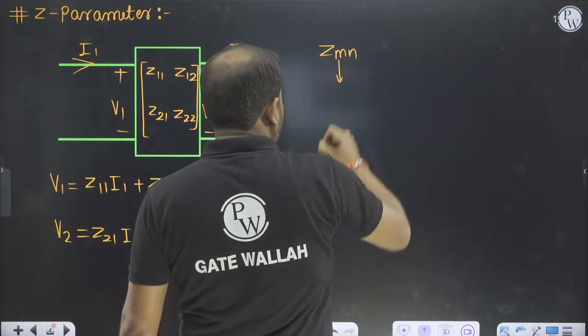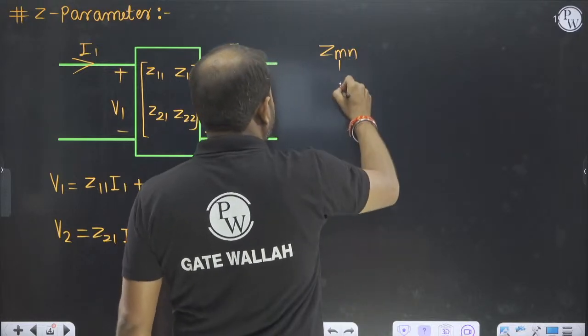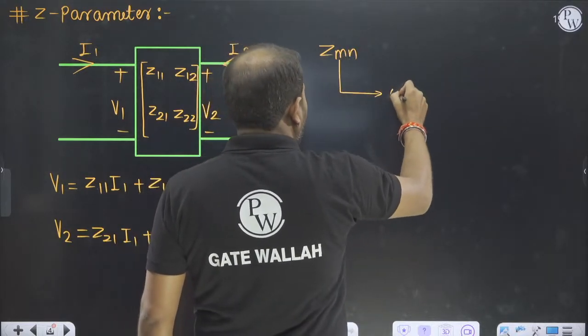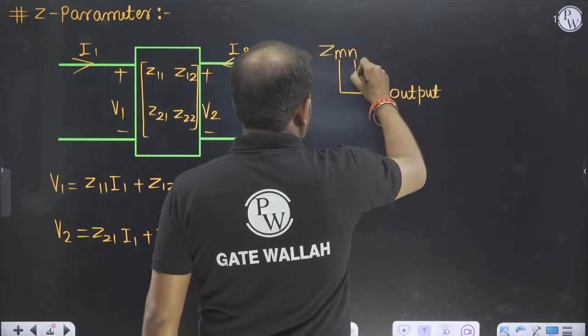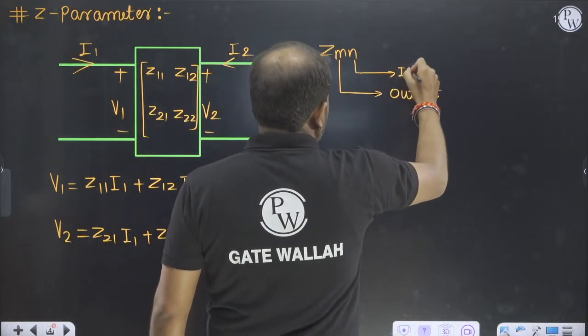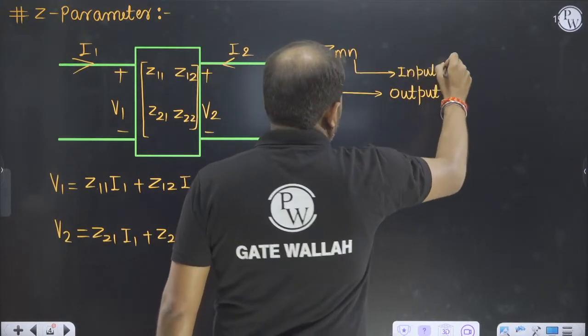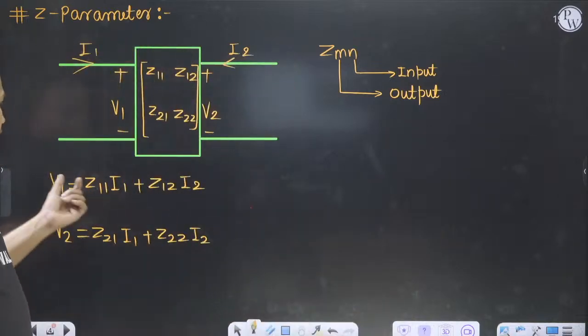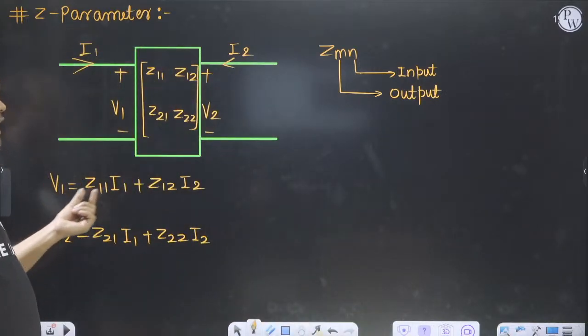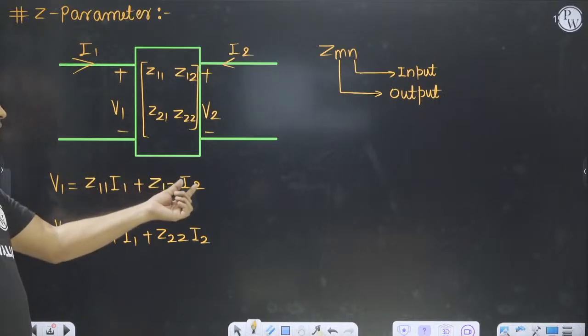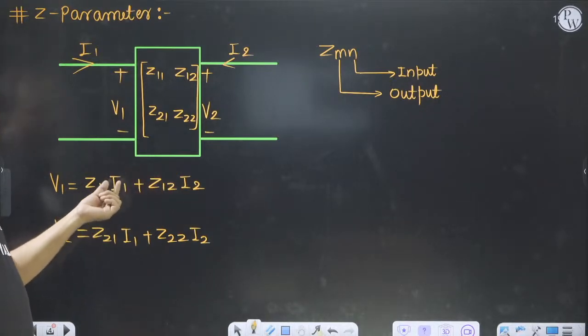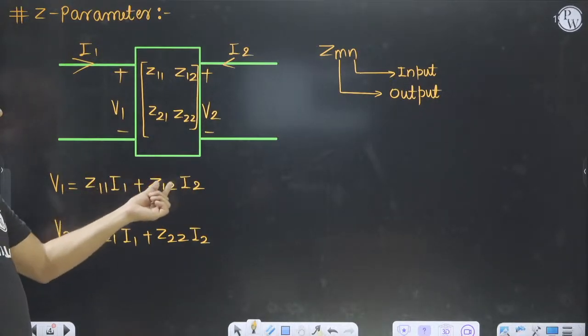M is the output and N represents the input. So you will understand, output is at 1, and input is from 2. So here I1 is 1, I2 is 2.